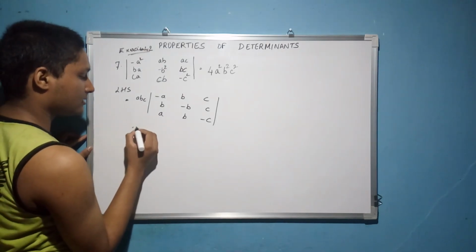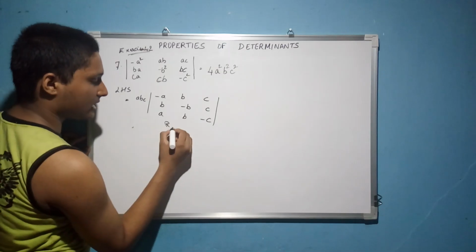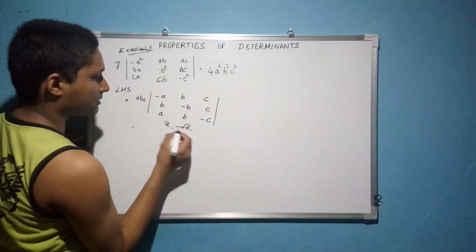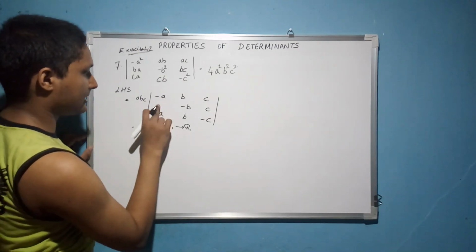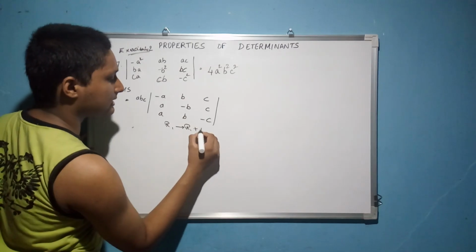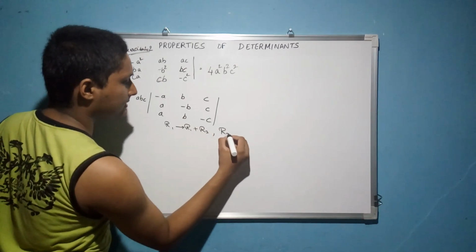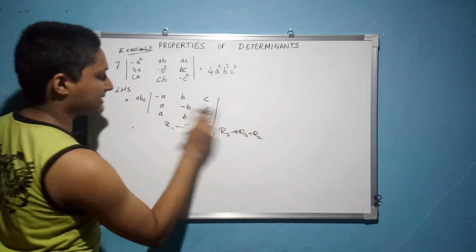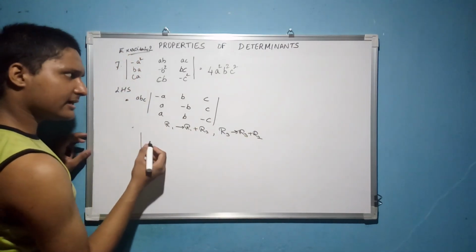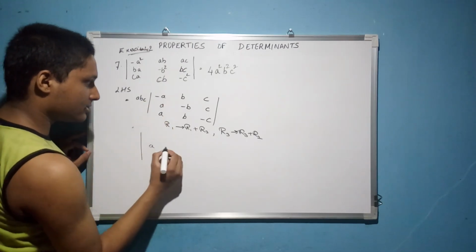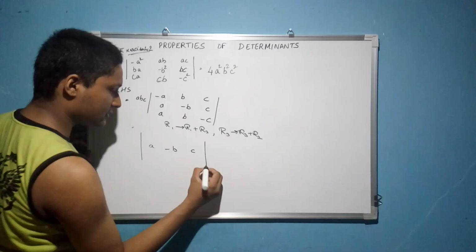So we'll do r1 to r1 plus r2, and r3 also to r3 plus r2. This was a, right? That means I'm going to add the second row, and the second row is not going to change.